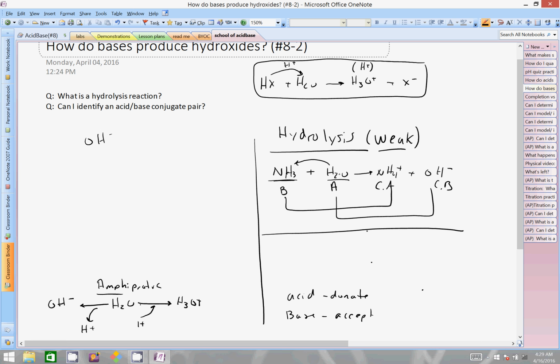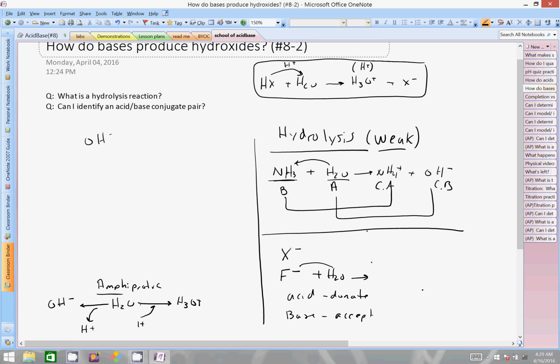You could have something else, but you'd literally have to deal with it like an X negative. In my last video, I used HF as a weak acid, so F negative is considered a conjugate base. Each of these works the same form. I'll just do F negative plus H2O yields.